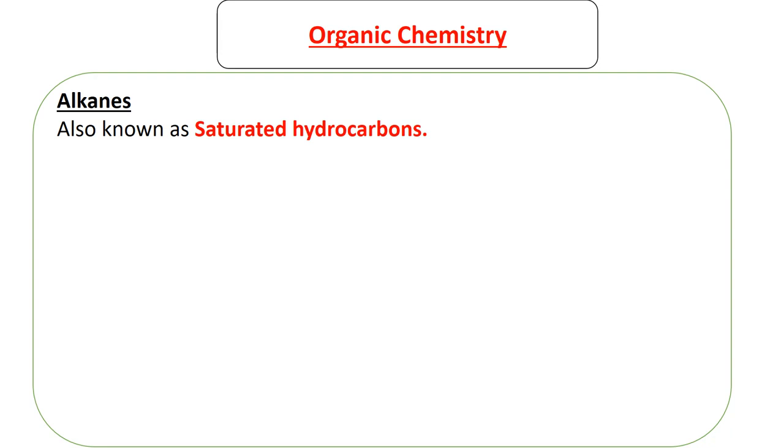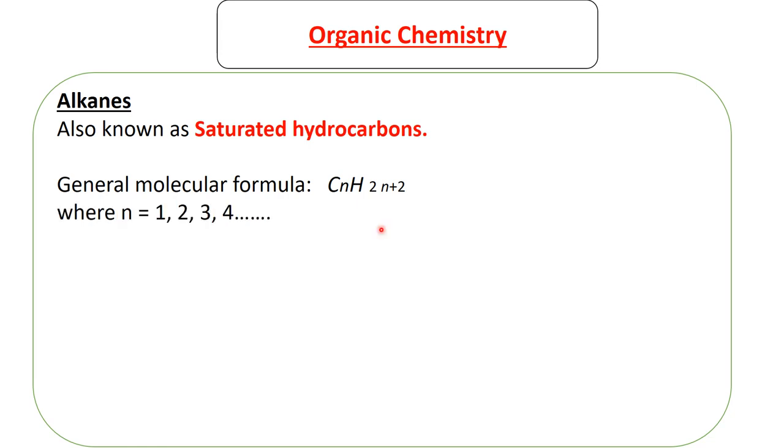As you are thinking, I will continue reminding you of what we discussed in the introduction. So the general molecular formula for alkanes is CnH2n+2, where n can be any integer, like 1, 2, 3, 4, just like that, starting from 1 in short. So n cannot be 0, it has to be 1 going up.